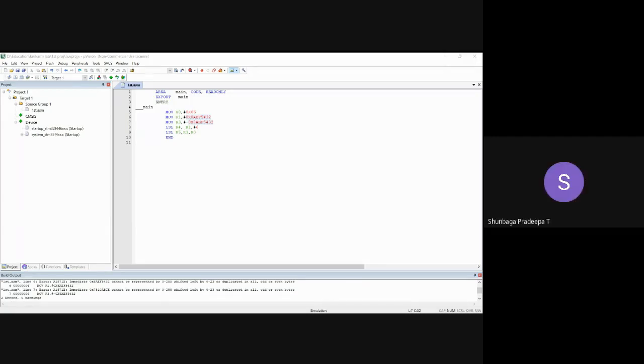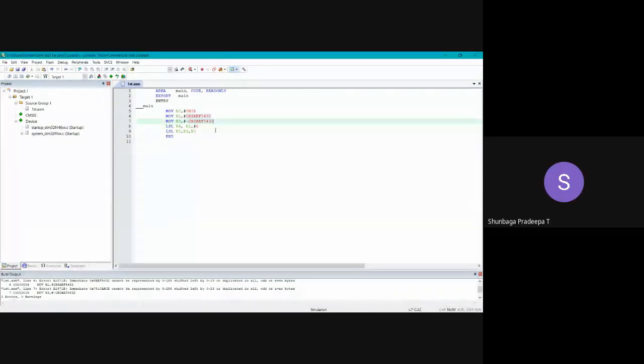Others, please listen. If you're getting this error, you can clear it like this. In the next line, after loading the LSB into R1, write MOVT R1, comma, hash the MSB. You can remove those zeros in the previous line also. Only 16-bit is enough.